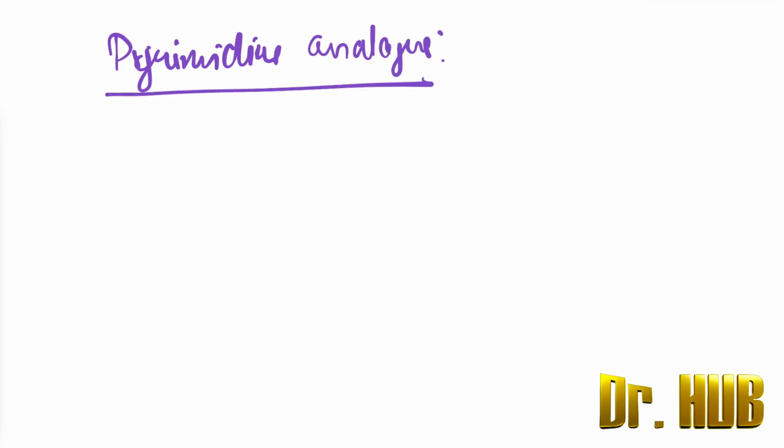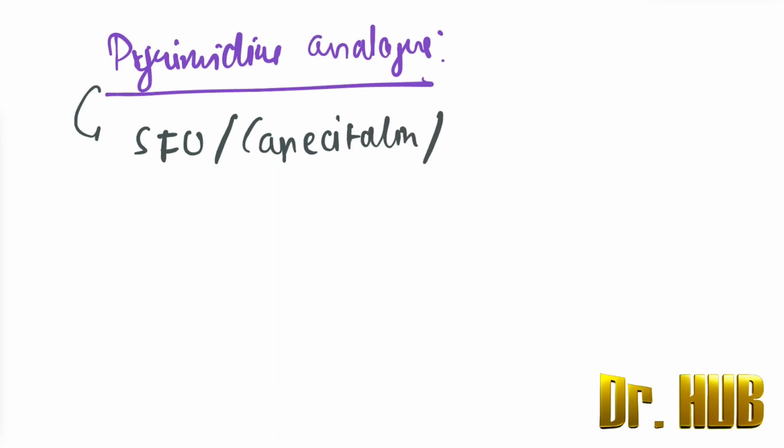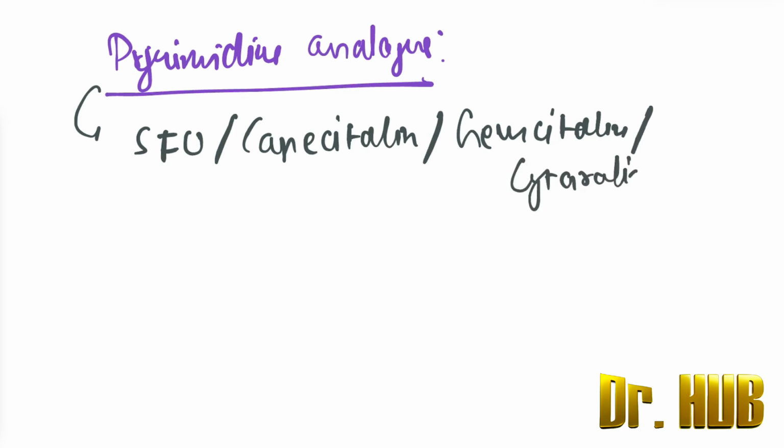Next we look at the pyrimidine analogues. Under pyrimidine analogues, it includes 5-fluorouracil as well as capecitabine. Then there is also gemcitabine as well as cytarabine.